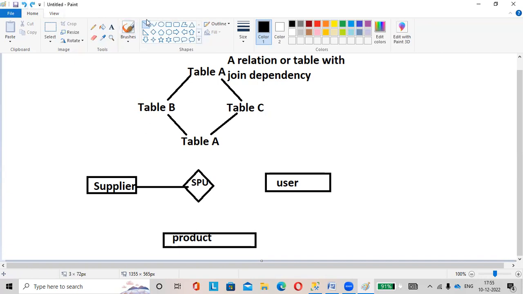All are connected with this relationship. What are the entities here? Supplier, product, user. There are 3 entities connected with a relationship. So this is known as what?